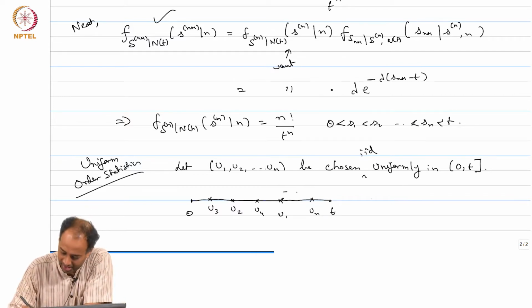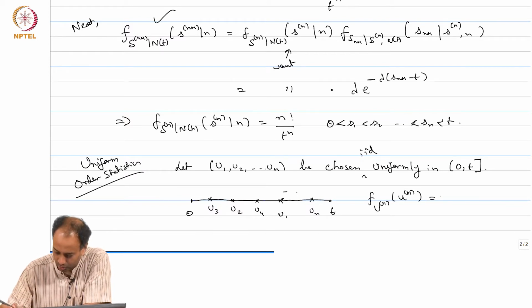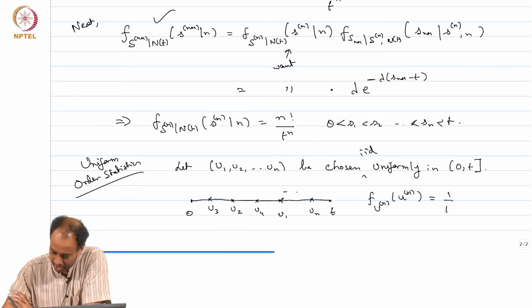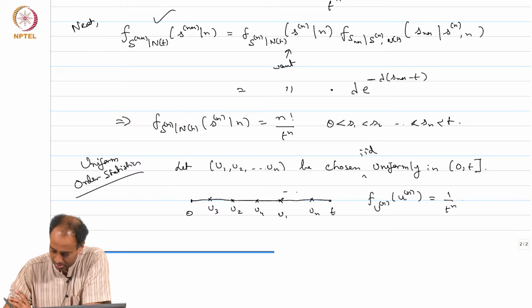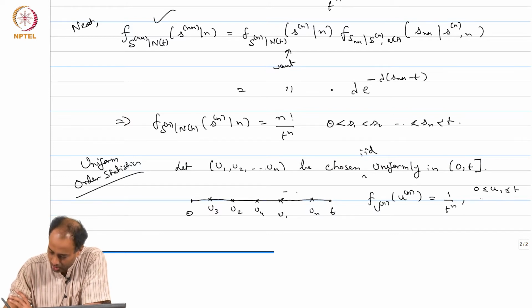So, I can write f of u1 through un of little u1 through little un is equal to 1 over t to the power n, for 0 less than or equal to u1 less than or equal to t, and so on, 0 less than or equal to un less than or equal to t.